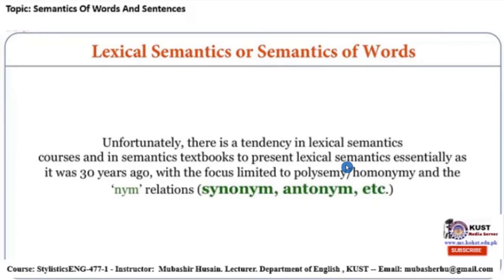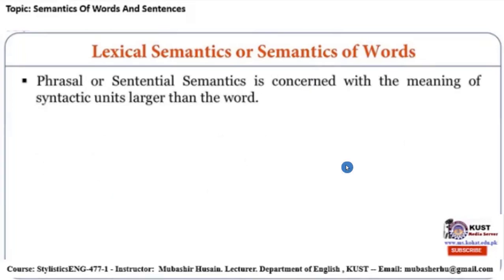Unfortunately, there is a tendency in lexical semantics courses and in semantics textbooks to present lexical semantics essentially as it was 30 years ago, with the focus limited to polysemy or homonymy and the name relations, that is, synonymy, antonymy, etc.